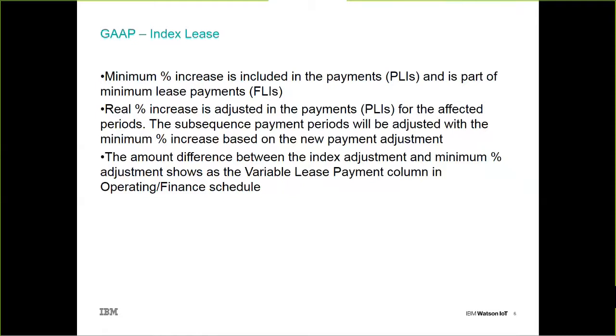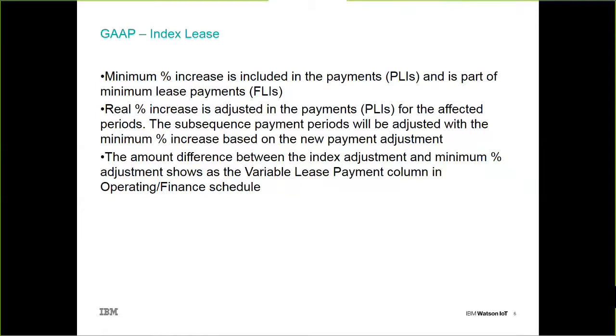The second point, when you submit or issue an index adjustment calculator with the real, for example, CPI percent increase, the real percent will be adjusted on the payment line item for the affected period only.